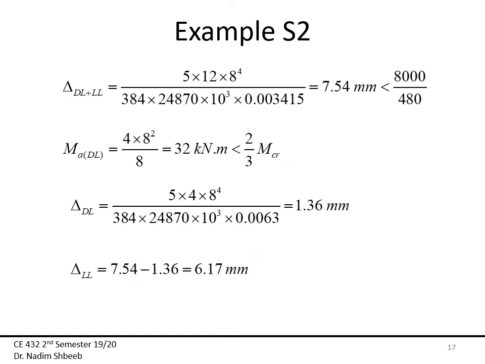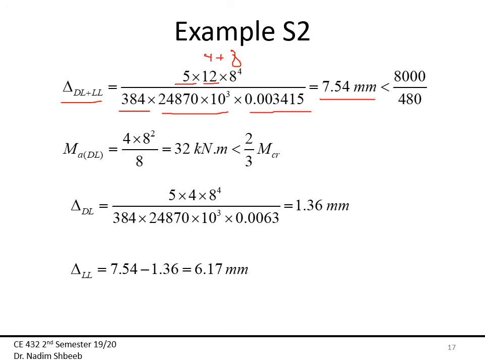Plug that into the deflection equation. So the deflection due to dead load plus live load is 5 times 12. Again, you've noticed I did not use any factored loads, because for serviceability calculations, factored loads are not allowed. I'm only using service loads. And the 12 is simply the dead load 4 plus the live load 8, divided by 384 times E times I effective, and the total deflection is equal to 7.54 millimeters.